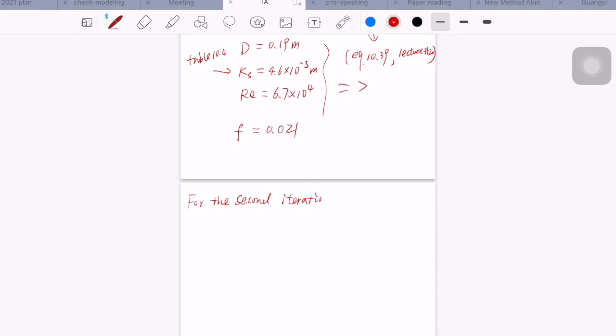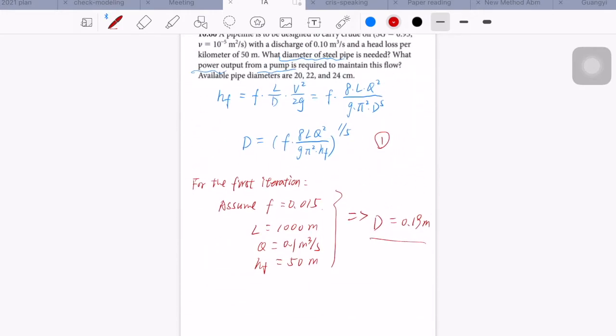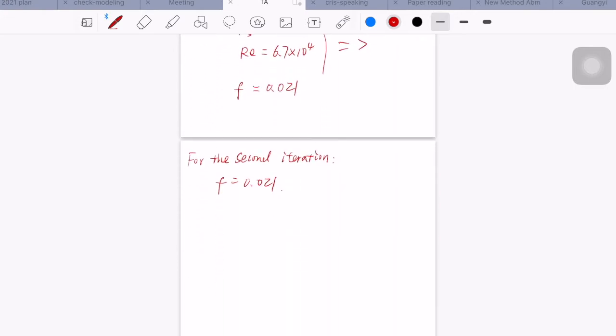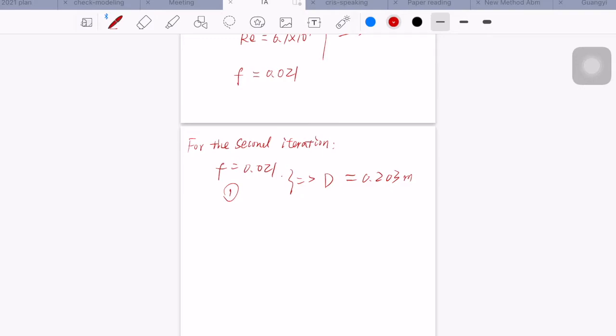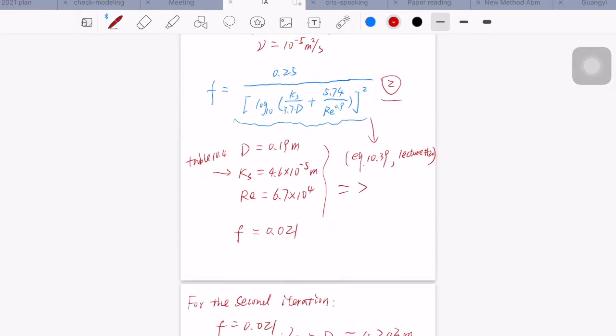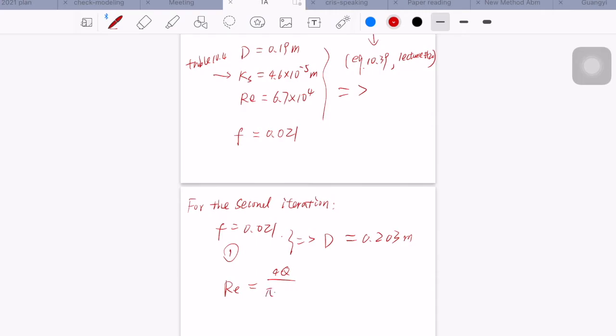And now for the second iteration, we assume F is 0.021, and based on equation 1, we can determine that the new diameter D is 0.203 meters. And now we can also calculate the Reynolds number, which is 4 times Q divided by pi times D times nu.